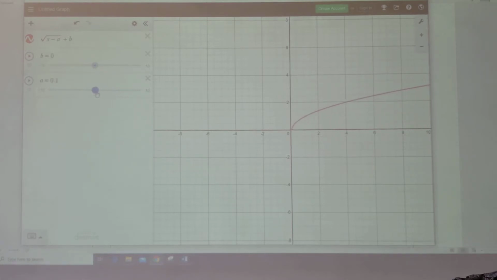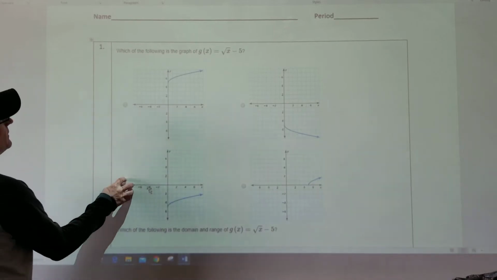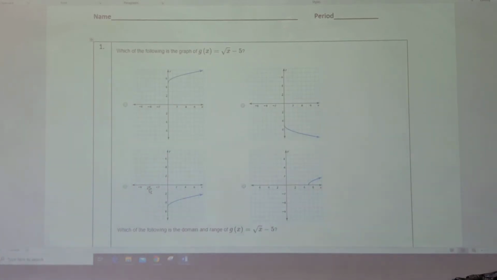So I think the answer is going to be a vertical downward translation of 5 units, and that looks like this one. So I would go ahead and check this as your selection, and we'll keep moving here because we have a big variety of things to cover and just a few minutes to get it done.